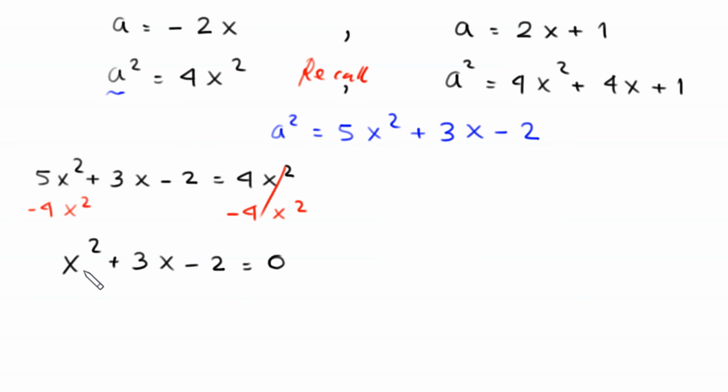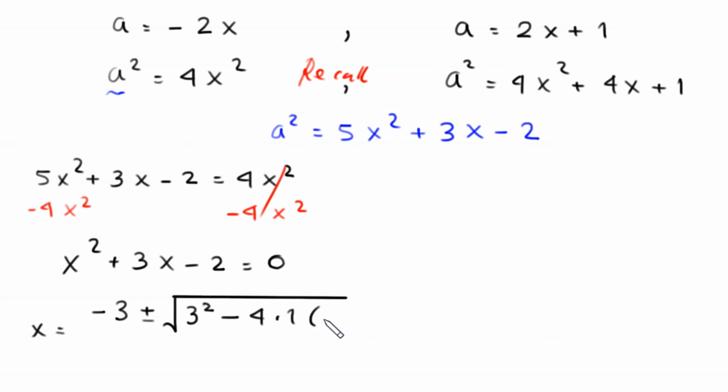This quadratic equation is not factorable, so we solve it by quadratic formula. According to quadratic formula, x is equal to negative 3 plus or minus the square root of, in place of b squared we write 3 squared minus 4 times a is 1 times c is negative 2 divided by 2 times a is 1.